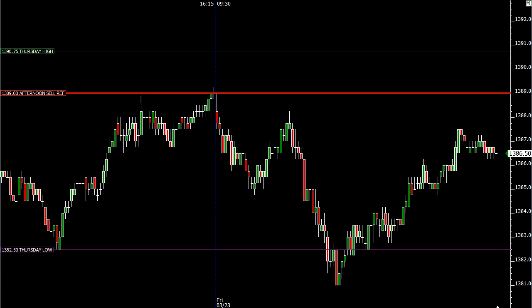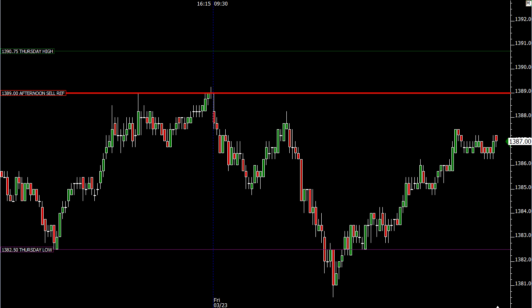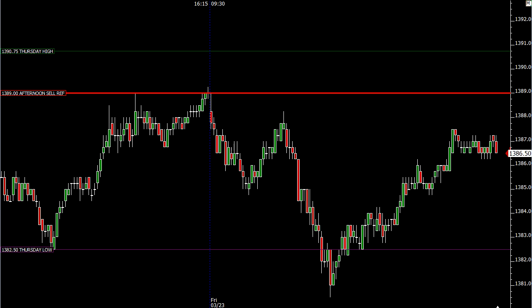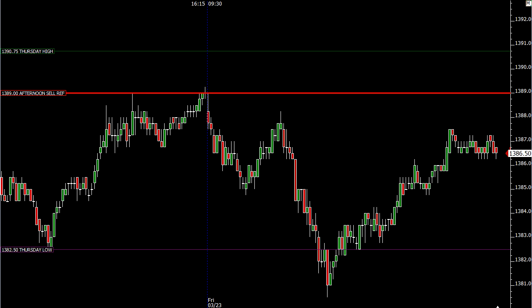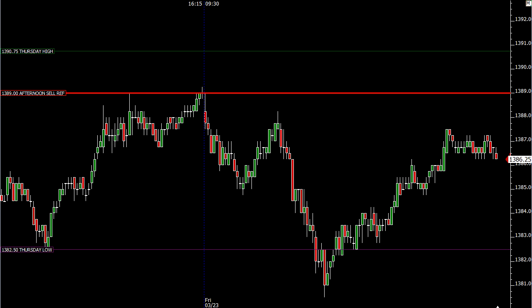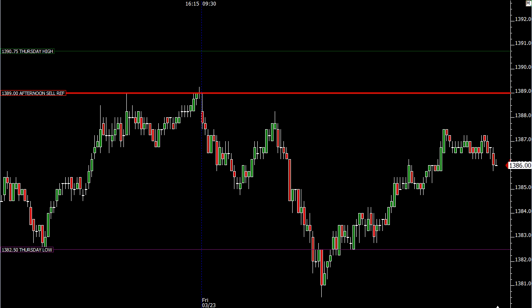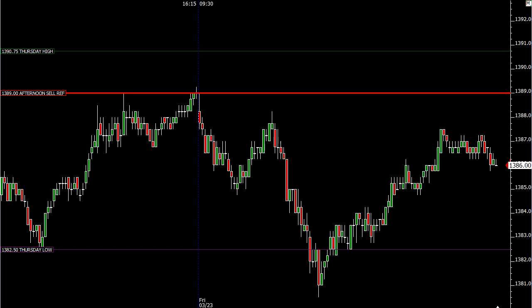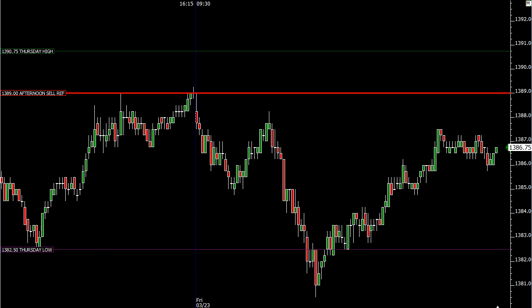You think, oh, well, maybe it's stalling now, maybe it's going to turn around. And what happens is, until these guys who have got a poor position on get out, the market will just continue to squeeze and continue to squeeze.